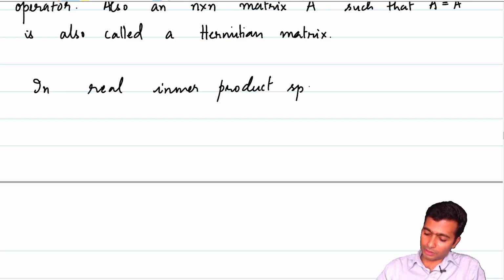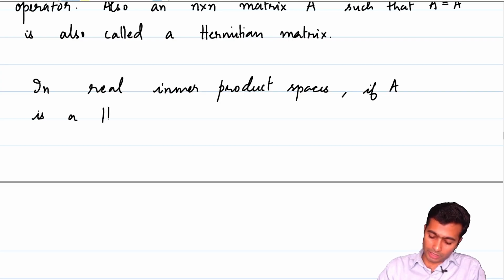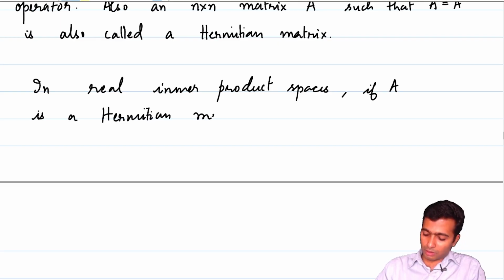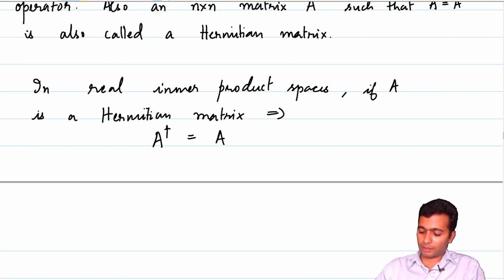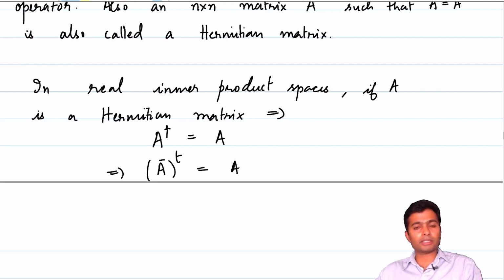If A is a Hermitian matrix, that would imply that A adjoint is equal to A. But what is the meaning of A adjoint? A adjoint is the conjugate transpose, right? This is equal to the matrix A itself.